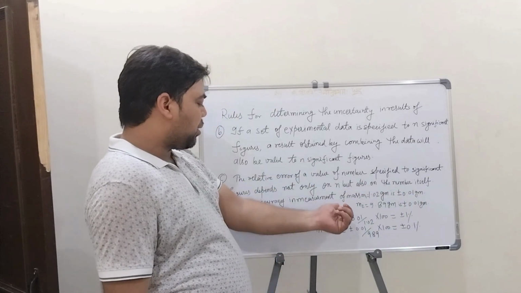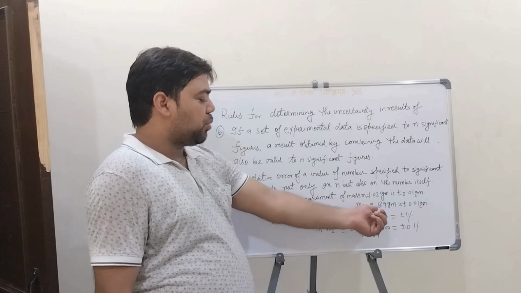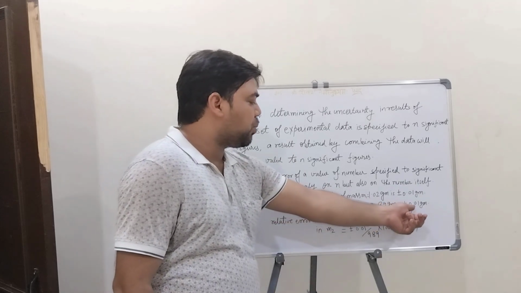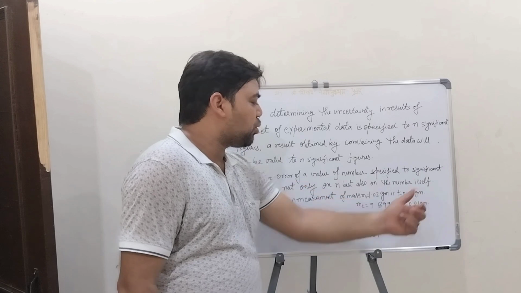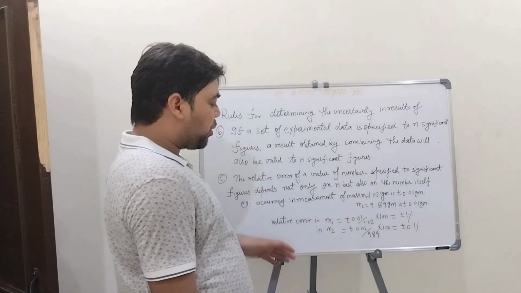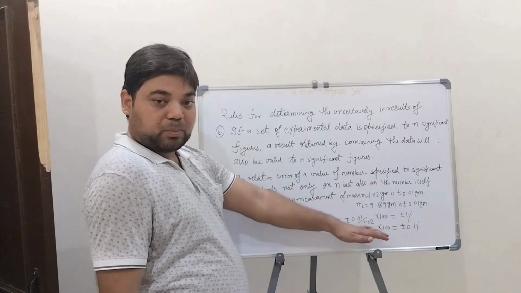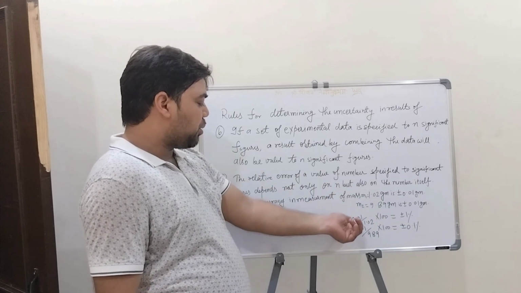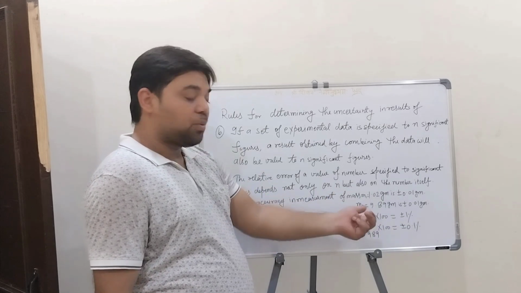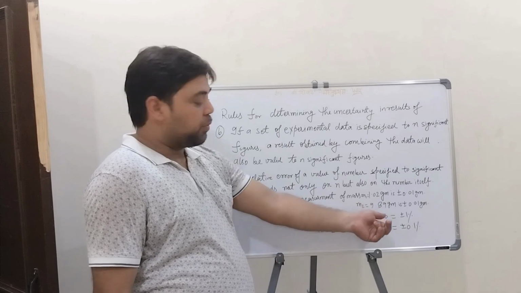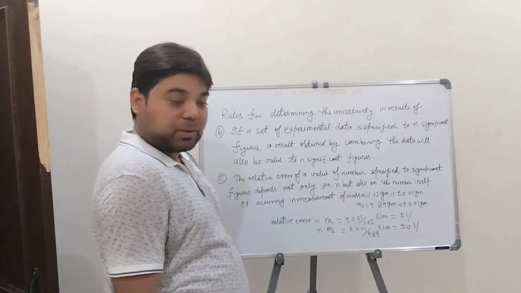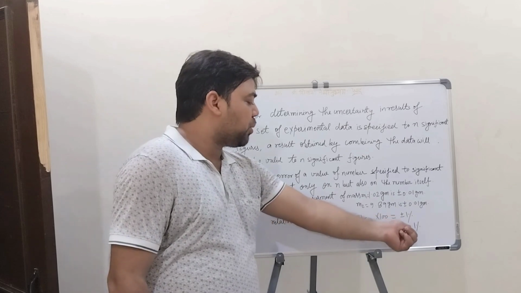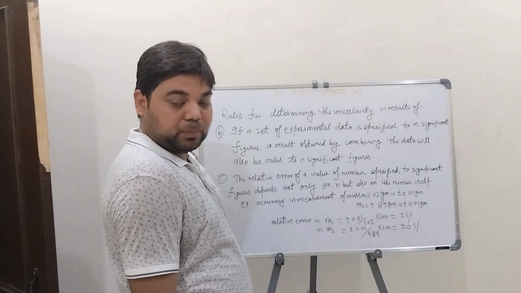Similarly, the accuracy in measurement of mass m2, which is 9.89 gram, is the same, 0.01 gram. Let us calculate the relative error in both the masses. For the first mass, it is plus minus 0.01 divided by 1.02 into 100, which gives plus minus 1%. Similarly, for m2, you will get plus minus 0.1%.